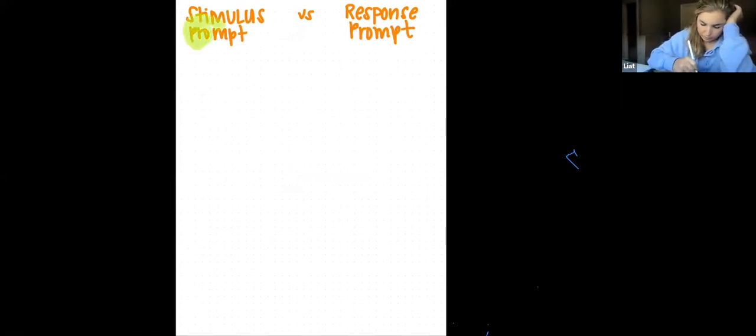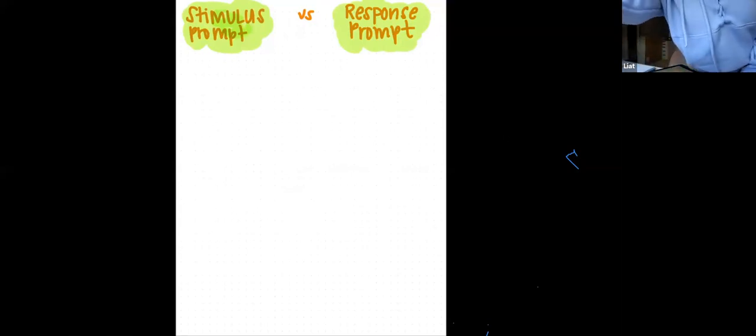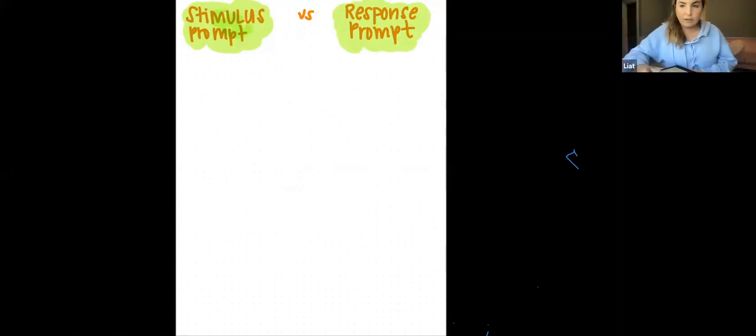I need to make it a little cuter just for color's sake, for visual. Okay, stimulus versus response prompt. Let me pull these blinds down a little because the sun's hitting my iPad and I can't even see what I'm writing. Oh, there it is. Okay.